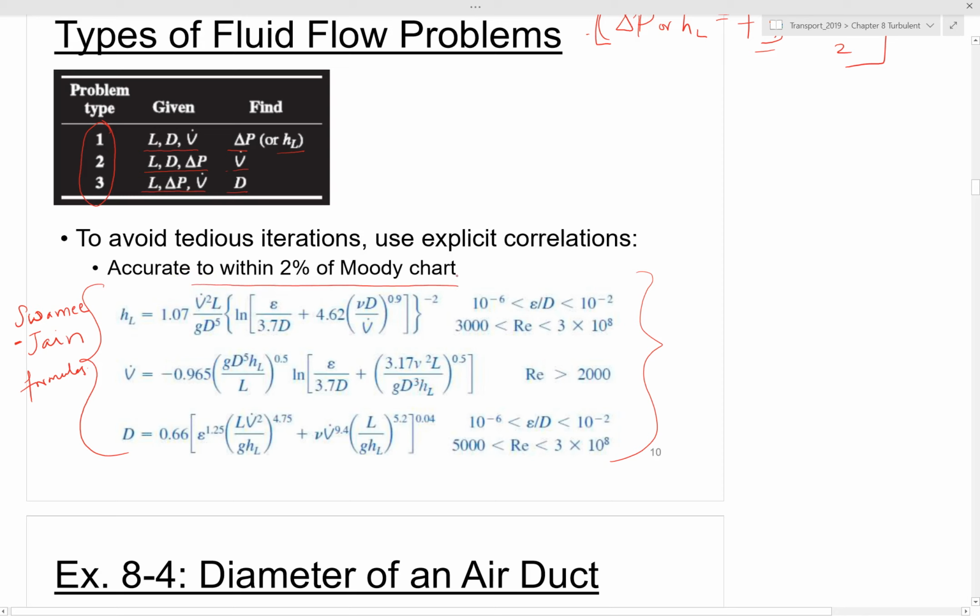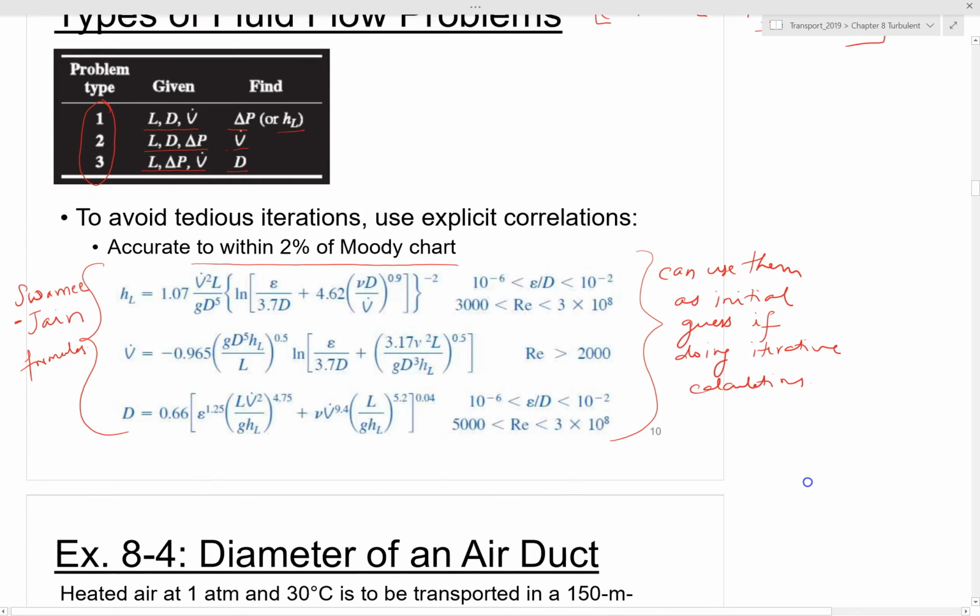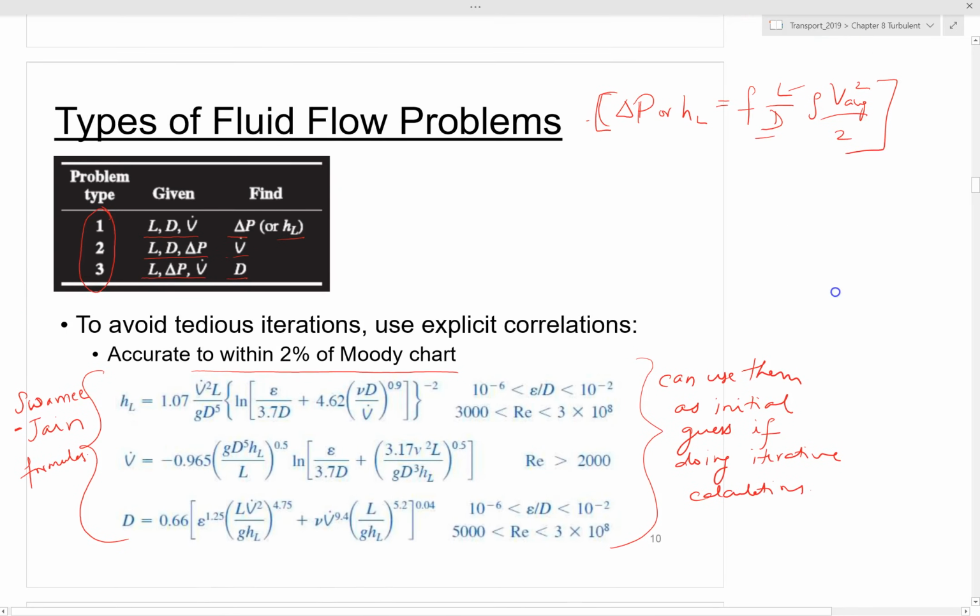The other thing is that you can use them also as an initial guess if doing iterative calculations. Okay, so this is one way.